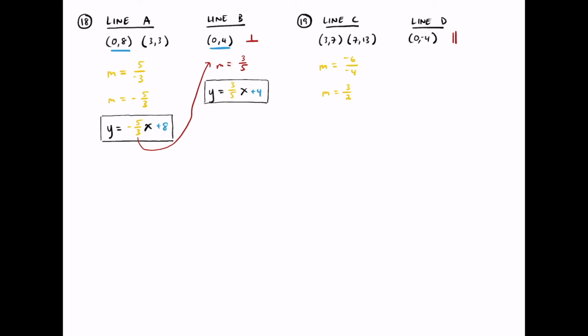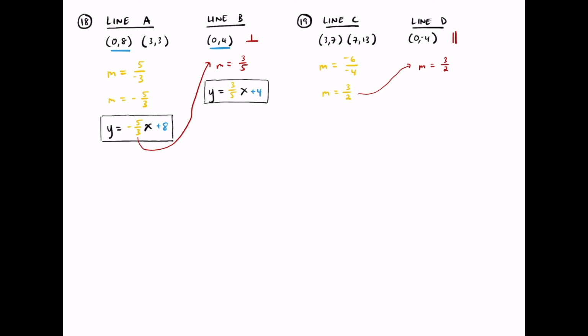We just need to steal this slope and make sure that when we write the equation for line D, it has the same slope here, right? This slope also has to be positive 3 over 2 for line C and line D to be parallel to each other, okay?